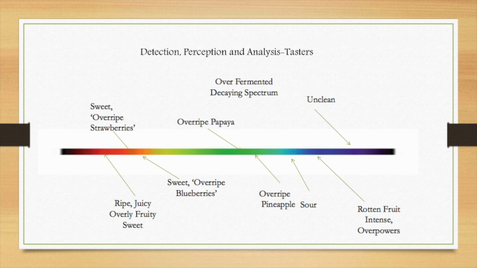But then we can all agree that when we go beyond and we're starting to get to overripe pineapple, rotten fruit, intense, overpowering, that's really a serious ferment issue. But somebody who experiences the whole spectrum might say, regardless, it's an over-ferment, to be clear, therefore it's problematic and I don't want it. And that's what subjectivity really comes down to. What do you want and what type of coffees do you want and quality?